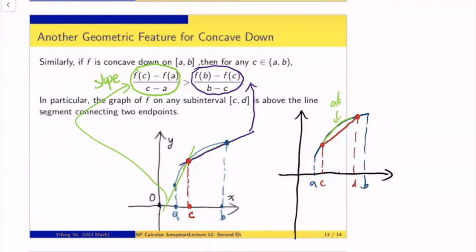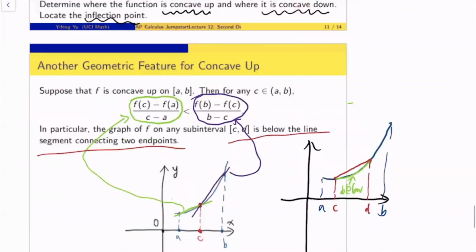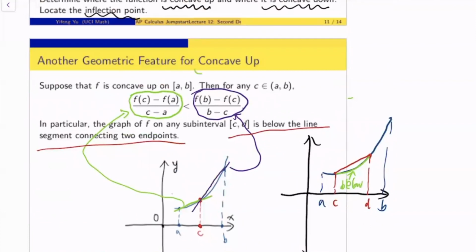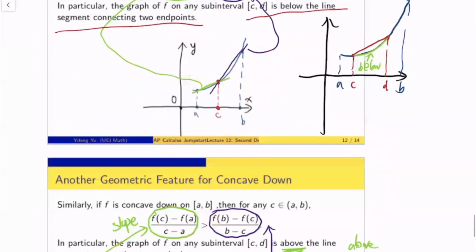So this is above the line segment connecting the two endpoints. All right, these are two geometric features associated with concave up and concave down.